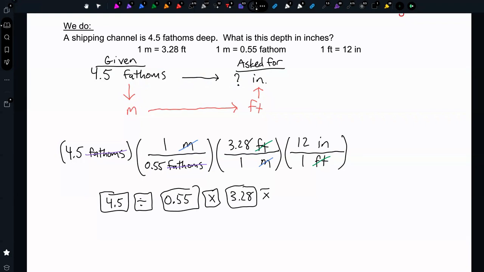And then I would do times again 12. Okay. So that's what I'm going to punch into my calculator. And when I do that, I get an answer of 322 inches.